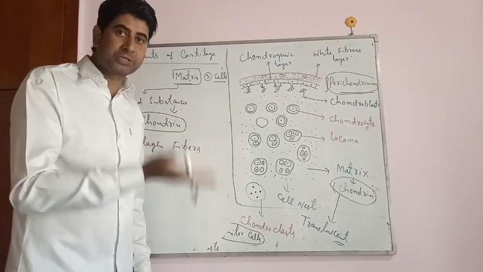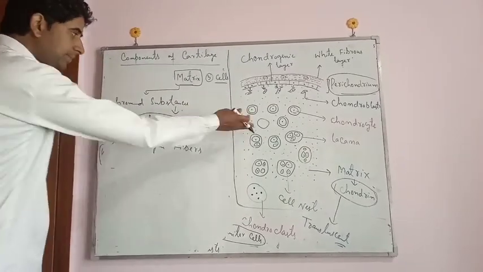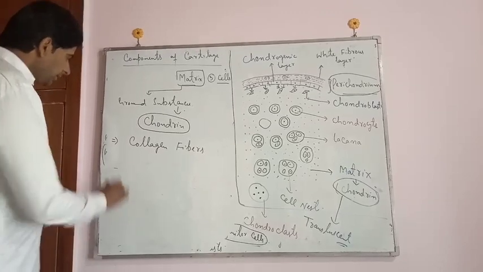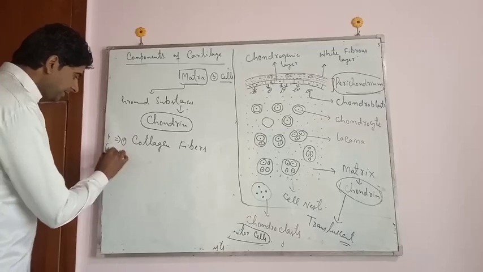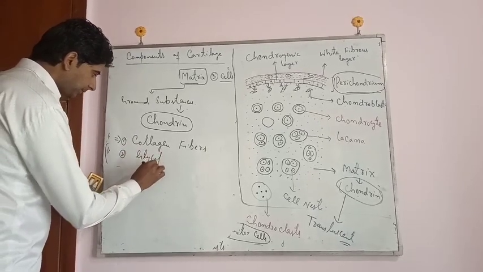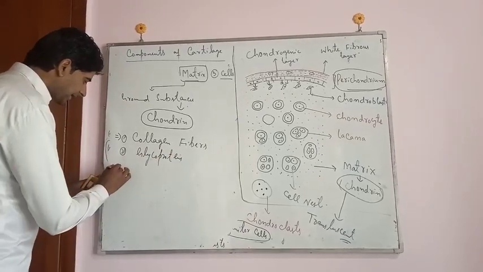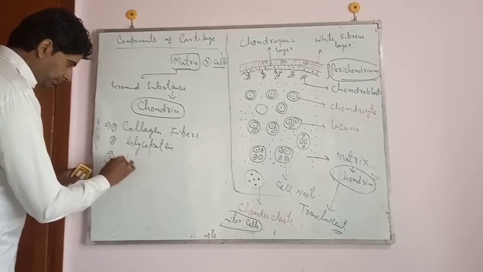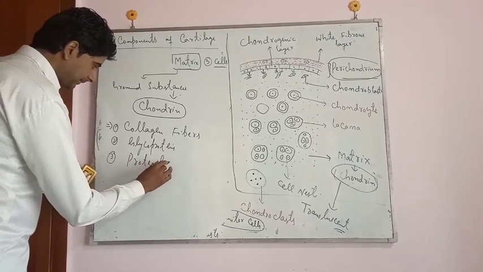It appears whitish because of the abundance of collagen fibers in its matrix. So it is made up of collagen fibers. Now, in addition, it is made up of glycoproteins as well as proteoglycans.